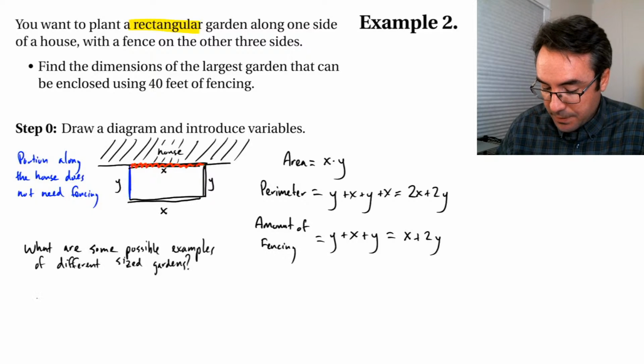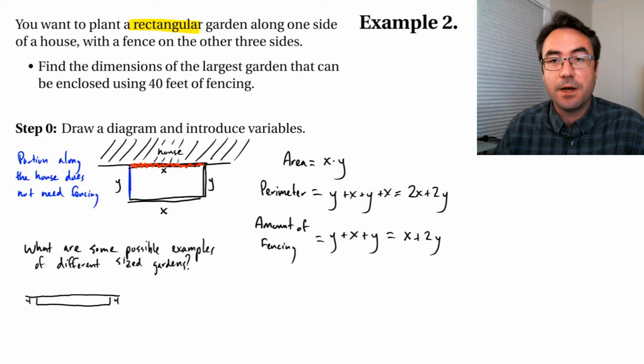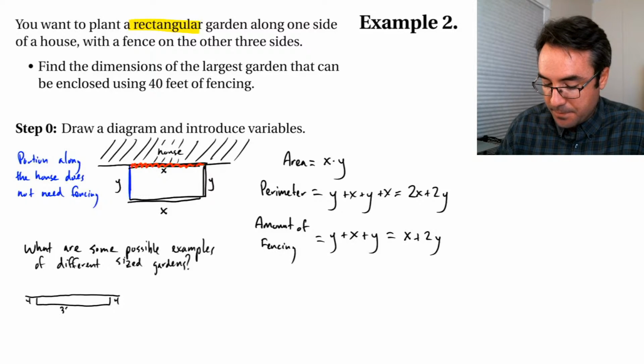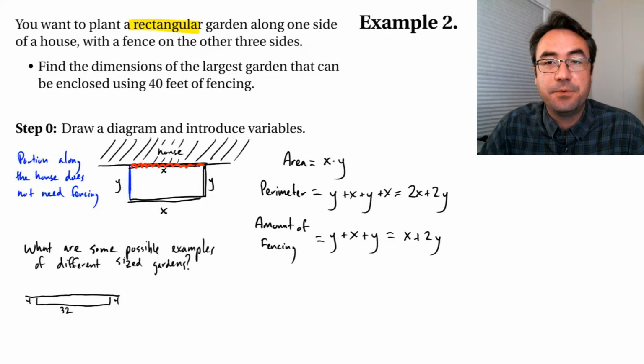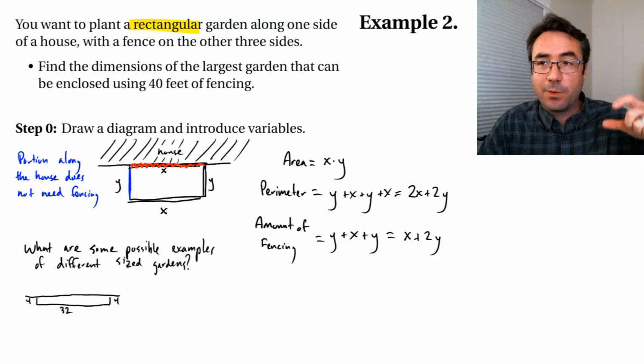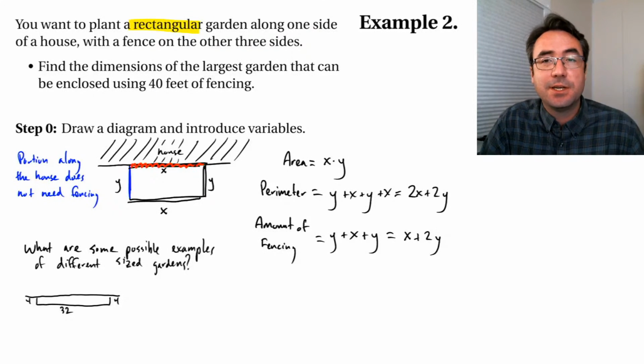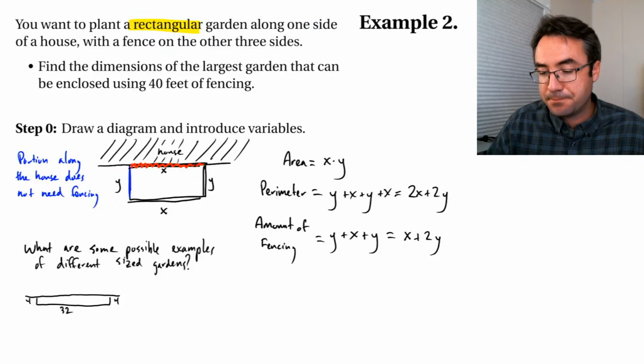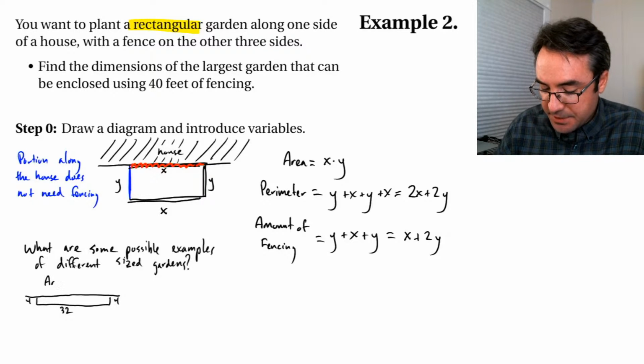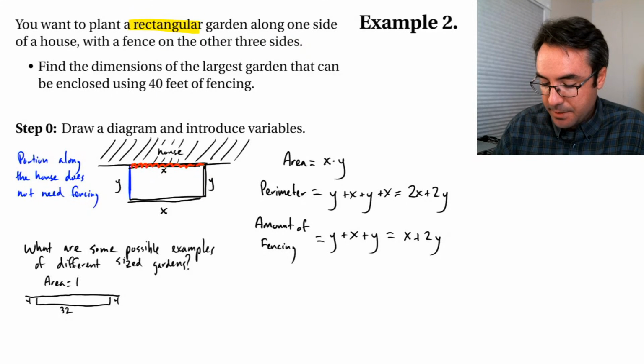So you might have a really thin garden where those little thin sides are 4 feet long, and then the width there is 32 feet. So we could have a really thin garden that stretches almost the whole side of a house. And in this case, our area would be 128 square feet.